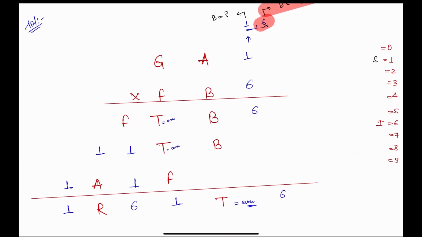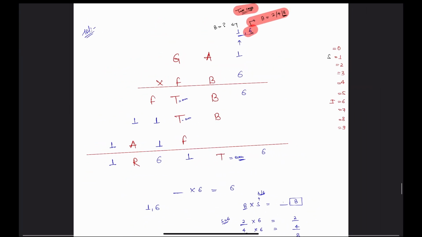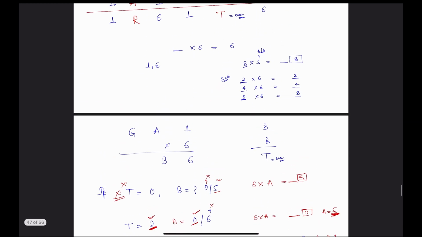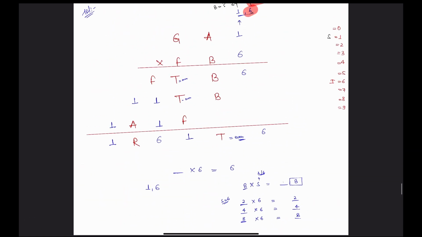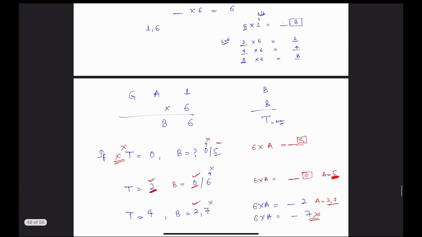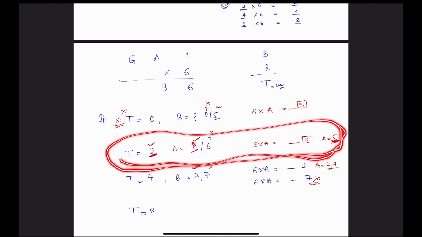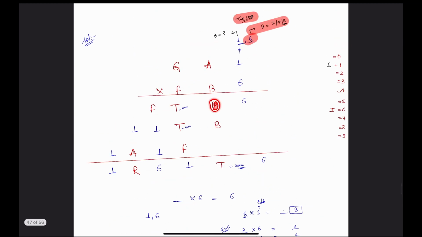What could it be? B, na? If B is 0, see in this condition, if this is 0, then T will also be 0, na?